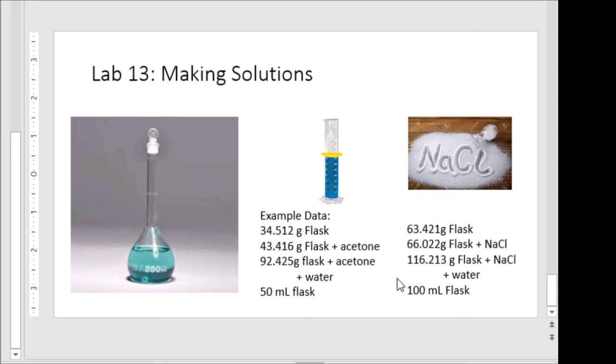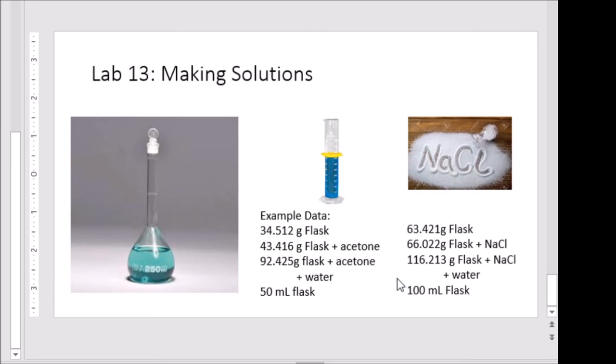Then it asked me for the molarity, percent mass over mass, ppm, and density. Everything else we already got.